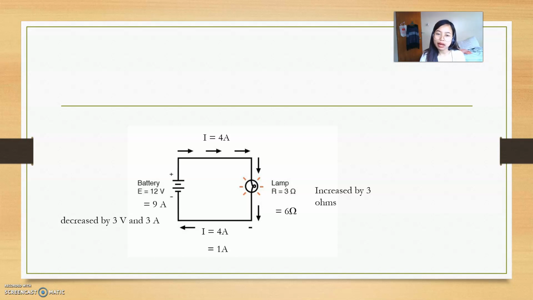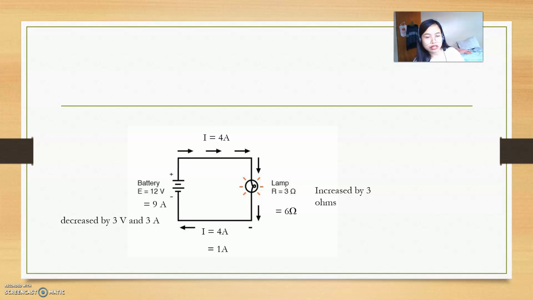Again, the battery or the voltage and the current are directly proportional. So when we say directly proportional, ibig sabihin, kung tumaas ang voltage, tataas pa ang current. While it is inversely proportional to the resistance.